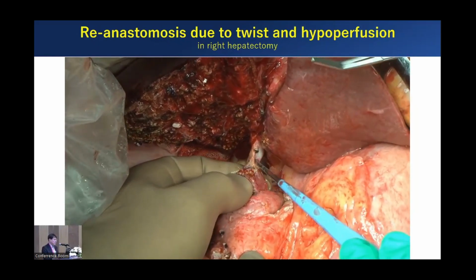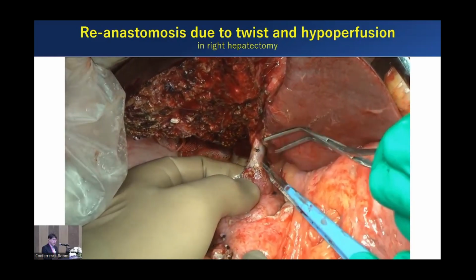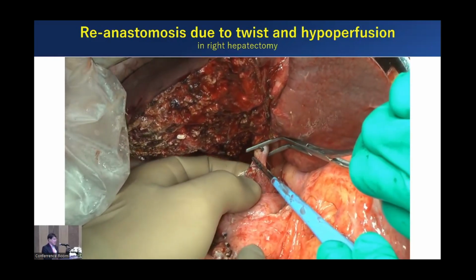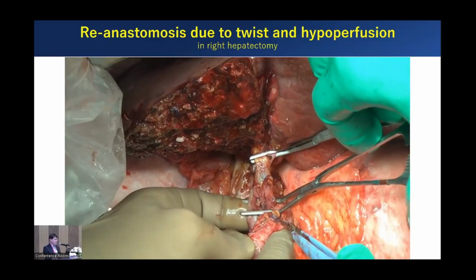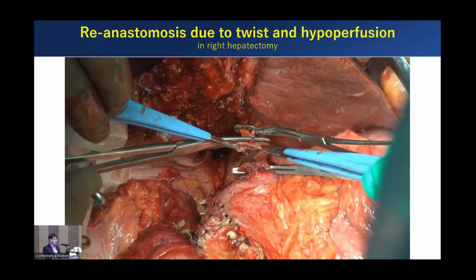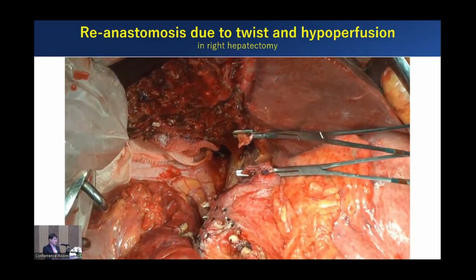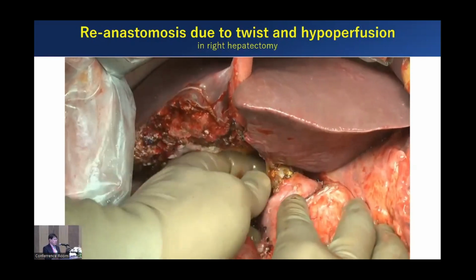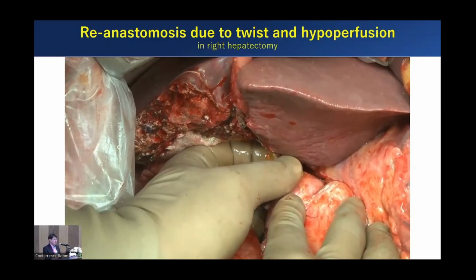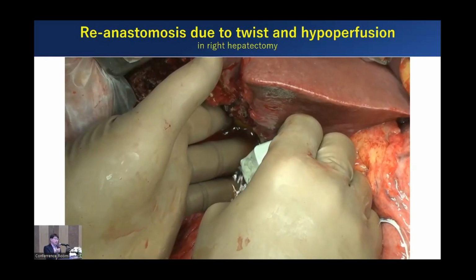This is good, but you can see the twist fine. So the second anastomosis is run, and we remove the anastomosis side and re-anastomose here. But this is not good because the local US shows a hypoperfusion here.